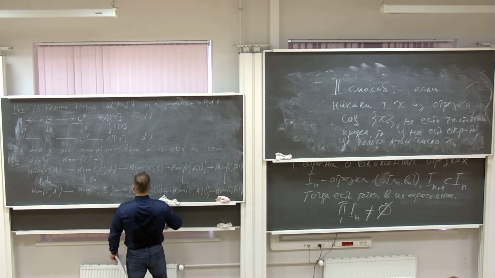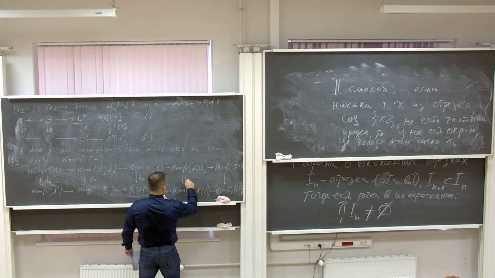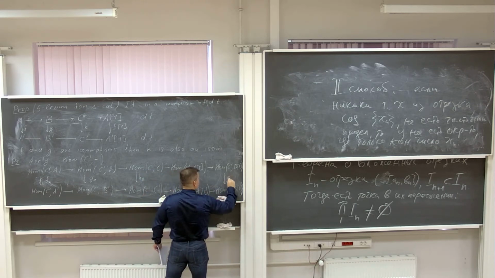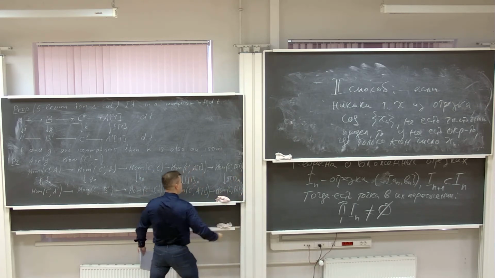So here we have F shifted by 1 and then the lower star, right? And this is G shifted by 1 and then the lower star.